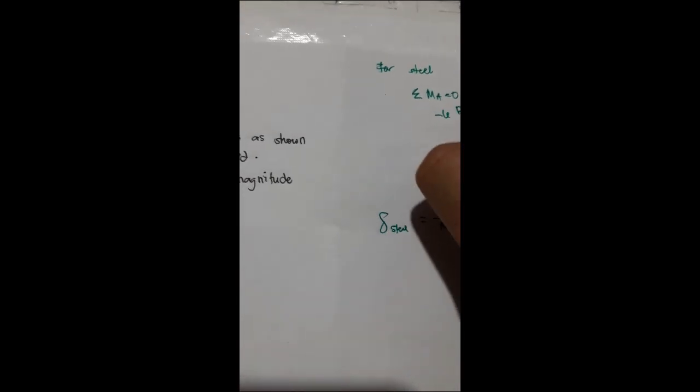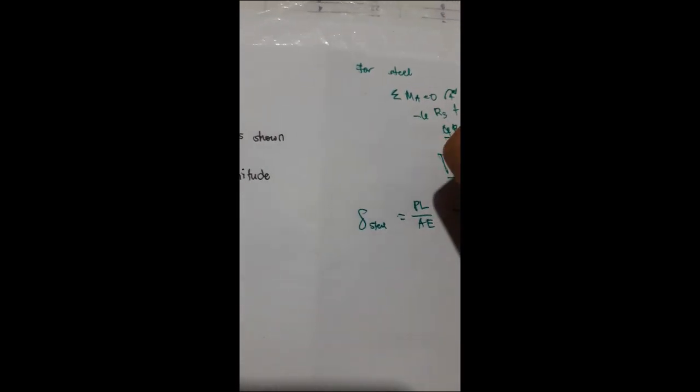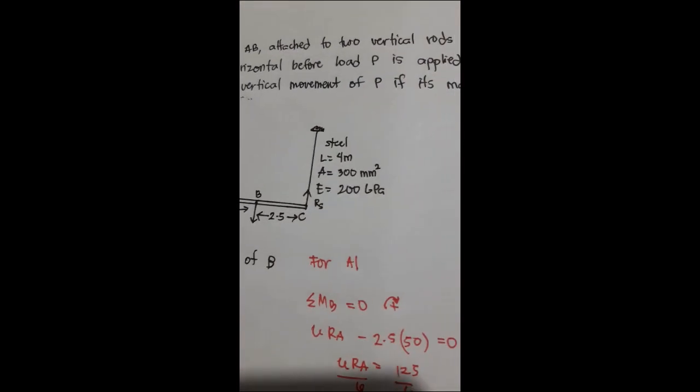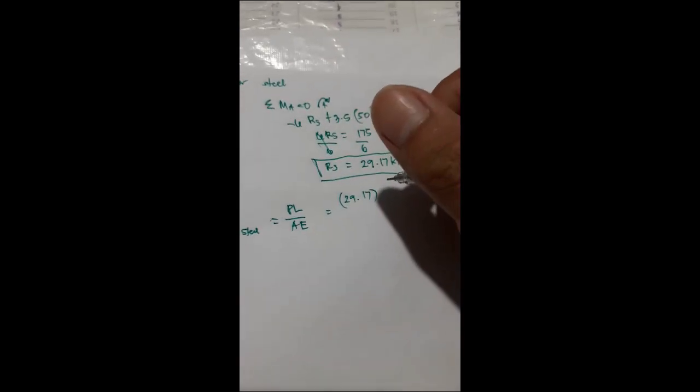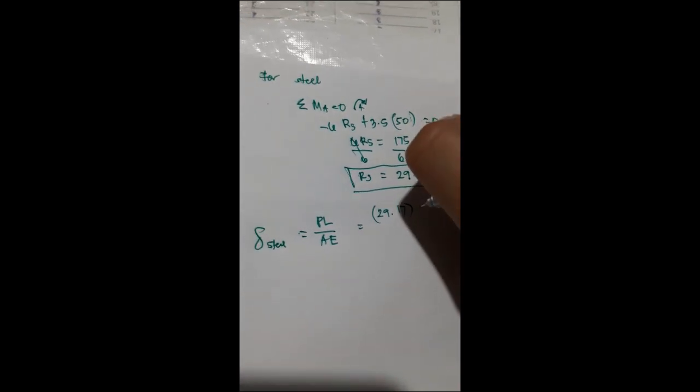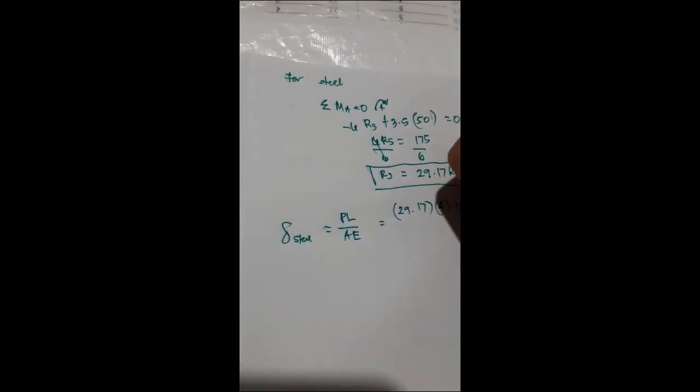Now we have here the stress at steel, the actual deformation. Same with the formula as we did for the aluminum: PL over A times E. Plug in the values of P. We have here 29.17 times 4, which is the length in meters.